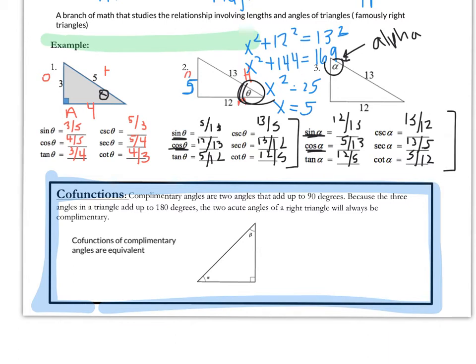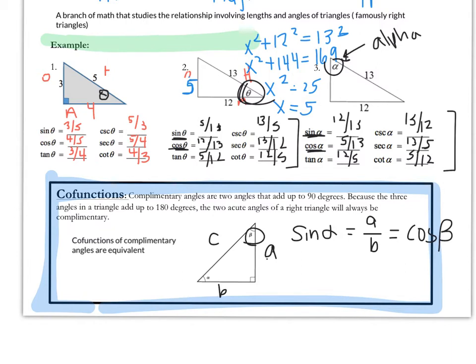So if I label each of these sides A, B, and C, what I mean by equivalent is sine of alpha is opposite over hypotenuse, so that's A over B, right? That's the same thing as cosine of beta. That symbol there means beta, because cosine of beta would be adjacent over hypotenuse, which is still A over B.